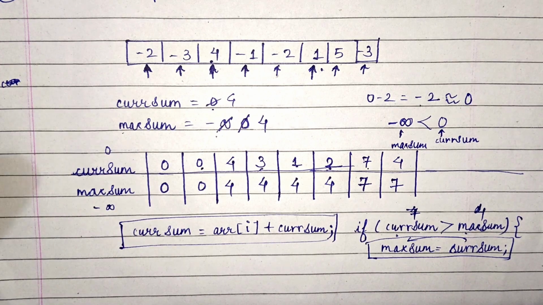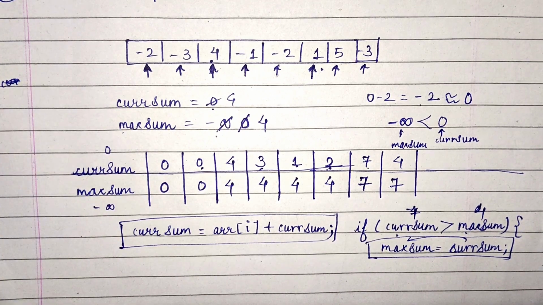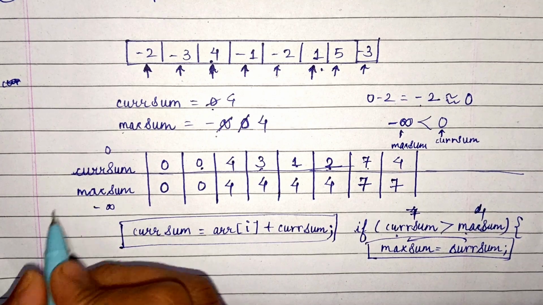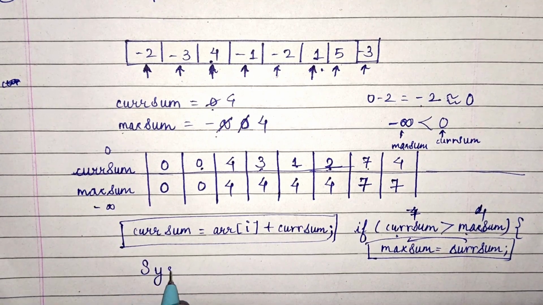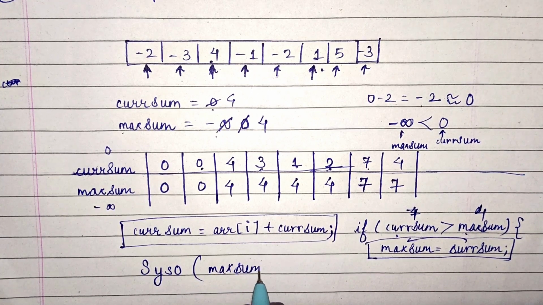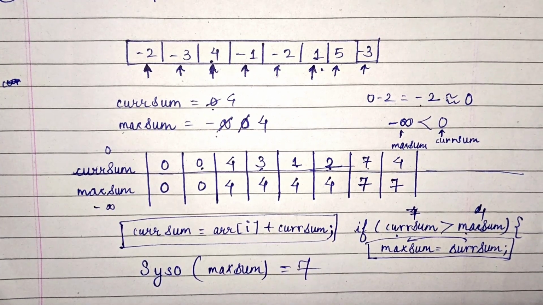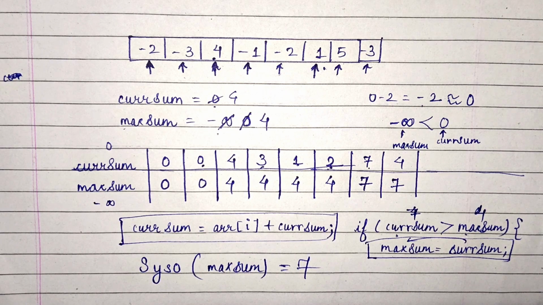So we return this maximum sum, and we will get 7. This way we can find our maximum subarray sum, and let's see it in our practical session.